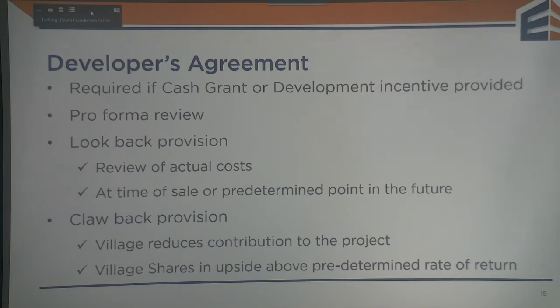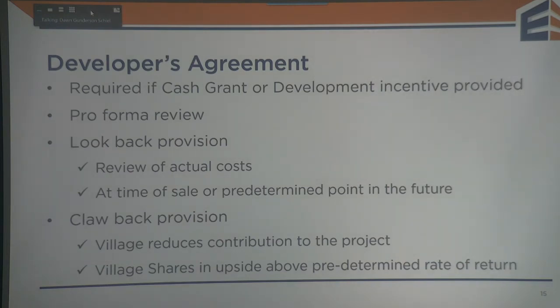It's really the way to determine that the amount of assistance that you're providing is appropriate to meet the needs of the project without providing too much assistance to benefit the developer. Developers do not come in and do developments if they're not going to make money. So you want them to do that. You want them to be successful, but you also want it to be a reasonable return on their investment.